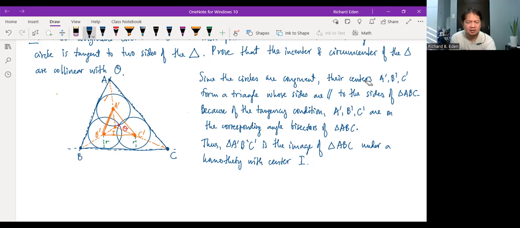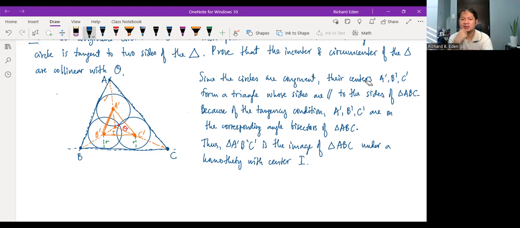Actually, if we can argue, you were talking about how to draw the perpendicular bisector of A, B, C, if you're going to look at the images of the three circles. But since we already have the three circles here, maybe we can argue that O is the circumcenter of A prime, B prime, C prime.